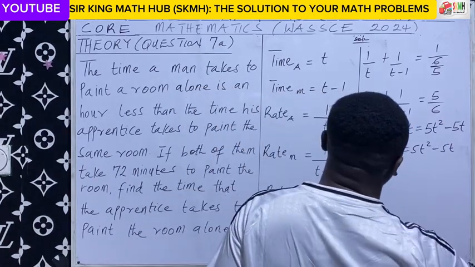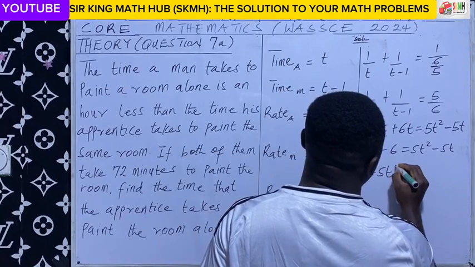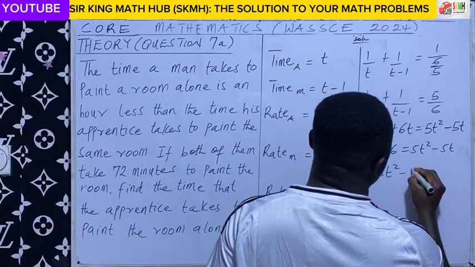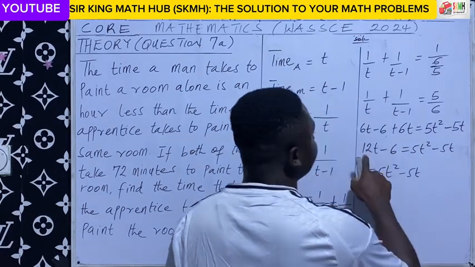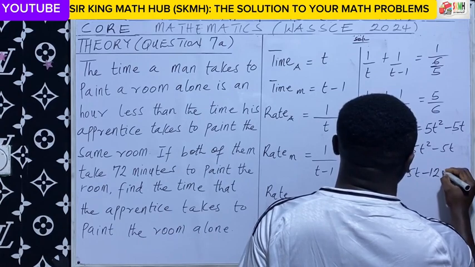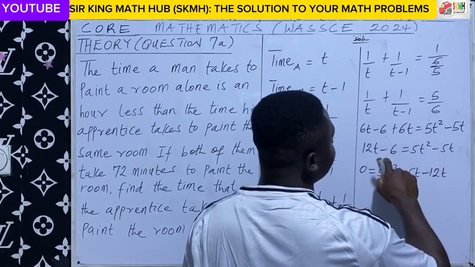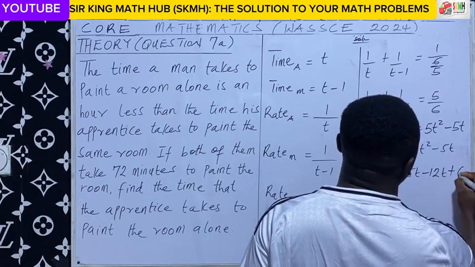So let's group all the terms to the right. So we have 0 is equal to 5t squared minus 5t. We transpose positive 12t to the right, it also becomes minus 12t. Then we transpose negative 6 to the right, it becomes plus 6.